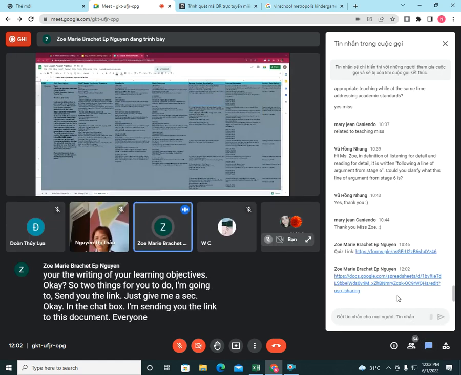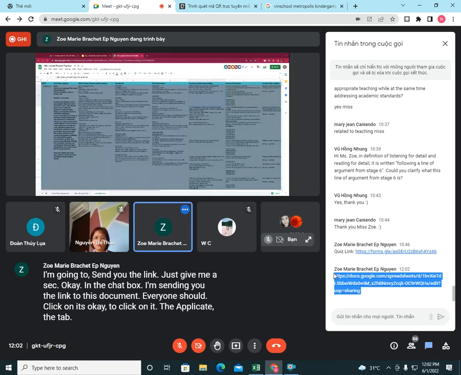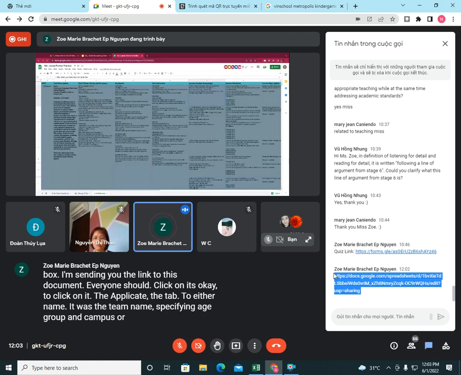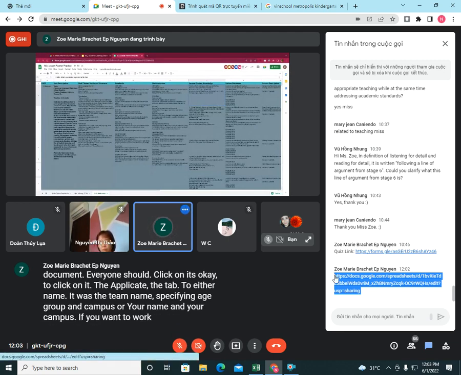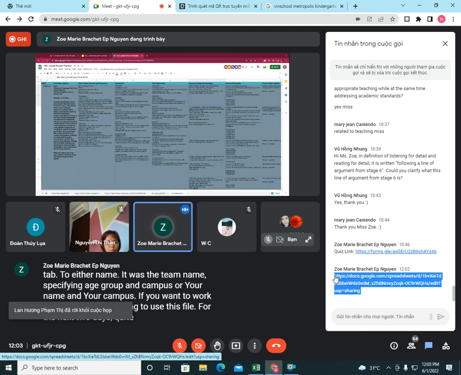Everyone should click on it, duplicate the tab, and name it with the team name, specifying age group and campus, or your name and your campus if you want to work individually. We are going to use this file quite often for the next 2 days, okay?